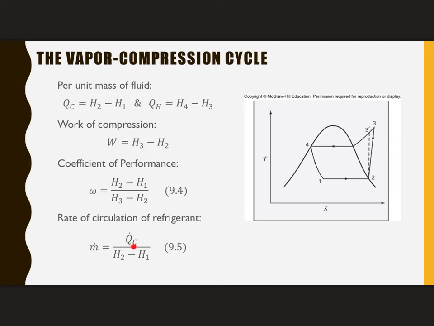If I have this as a rate, I will get a mass flow rate by simply taking the rate of cooling that I require divided by Q sub C, the specific heat transfer. This will give me the mass flow rate required for my refrigerant.